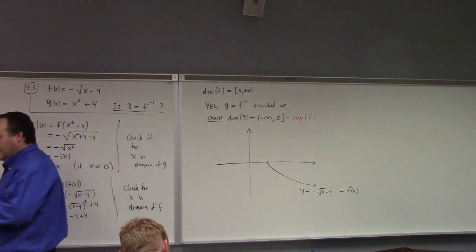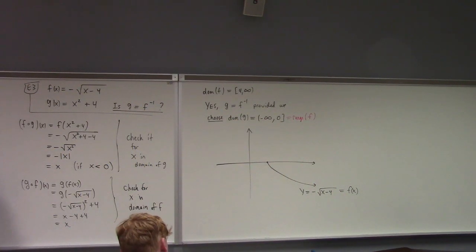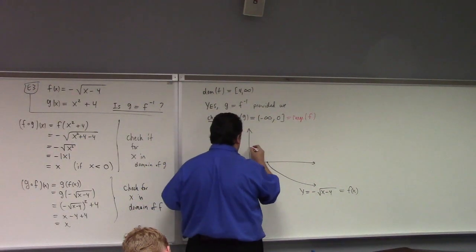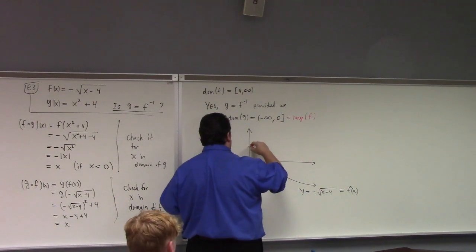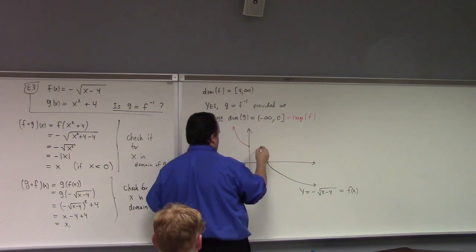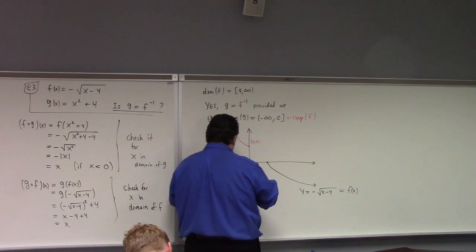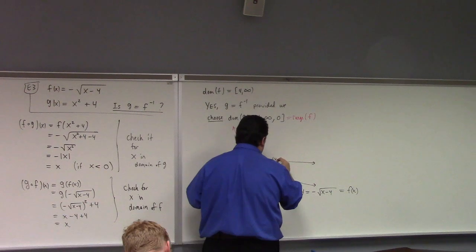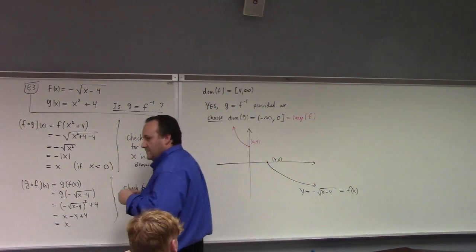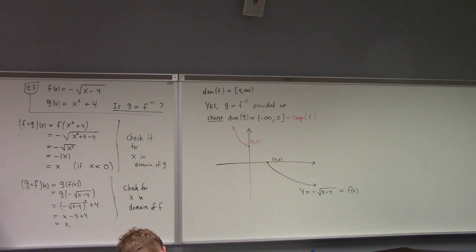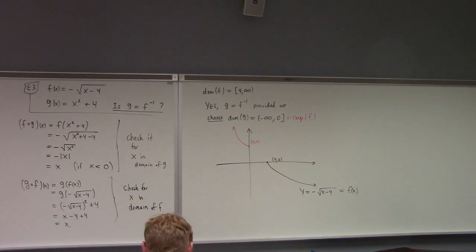What's the graph of f inverse? It's x squared plus 4, right? Which is a parabola that opens up, but it has to be this half. We have y-intercept 0, 4. For the function, we have the x-intercept of 4, 0. And that has the symmetry that you want, right? It's symmetric about the line y equals x, like we expect.